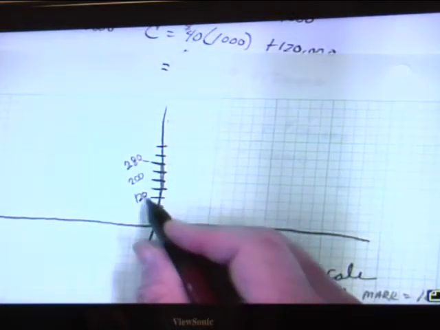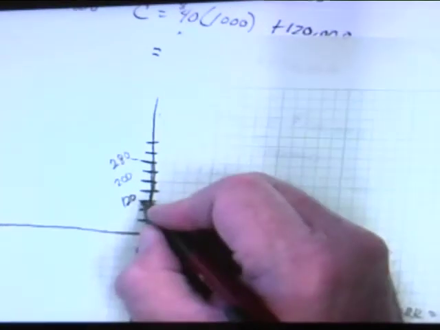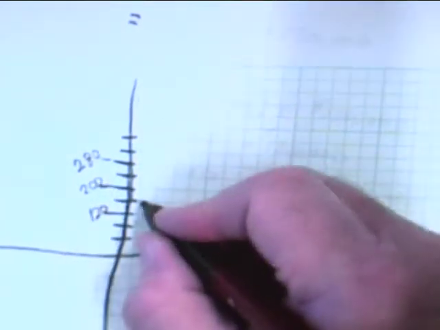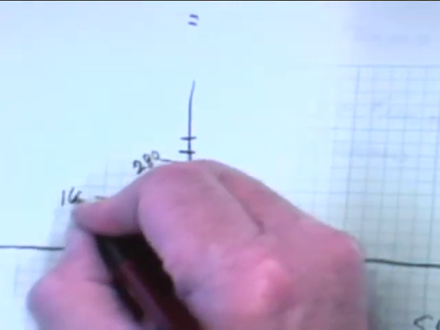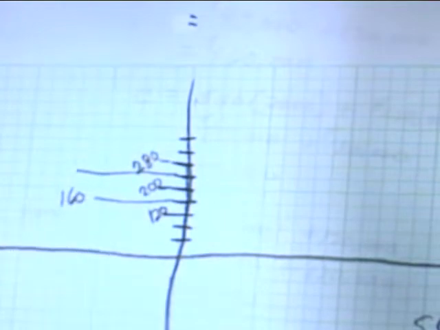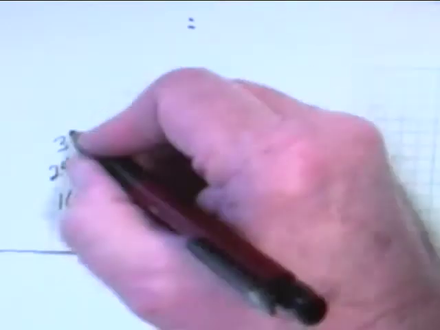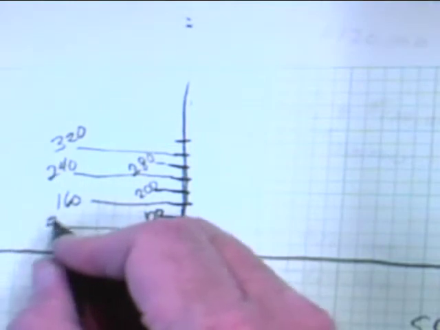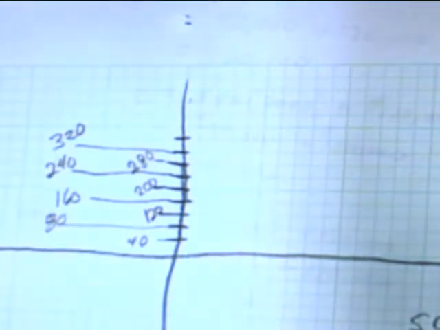So this was 120, this was 40, this is 120, this is 200. So this one was 160, this one was 240, this one was 320, this one is 80, and this one is 40. All right? It's a little hard to see that, but do you understand what I did there?